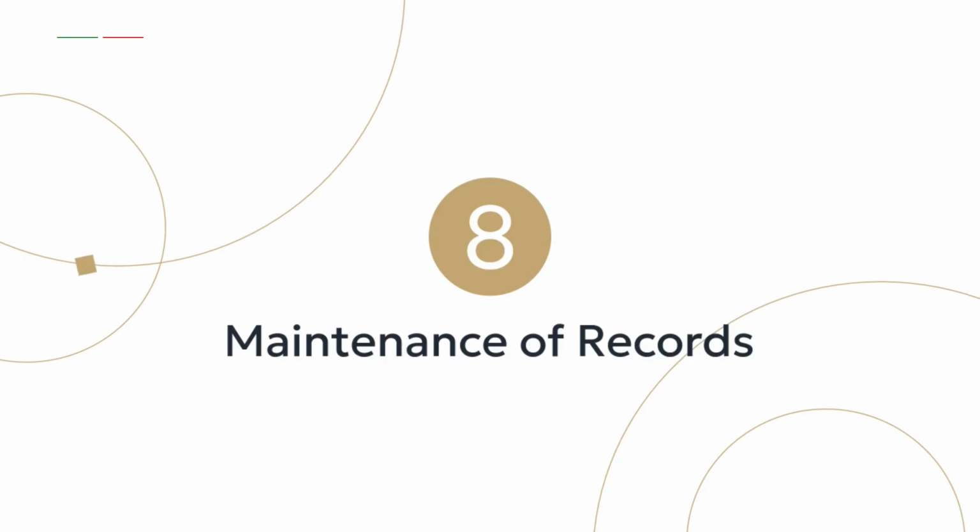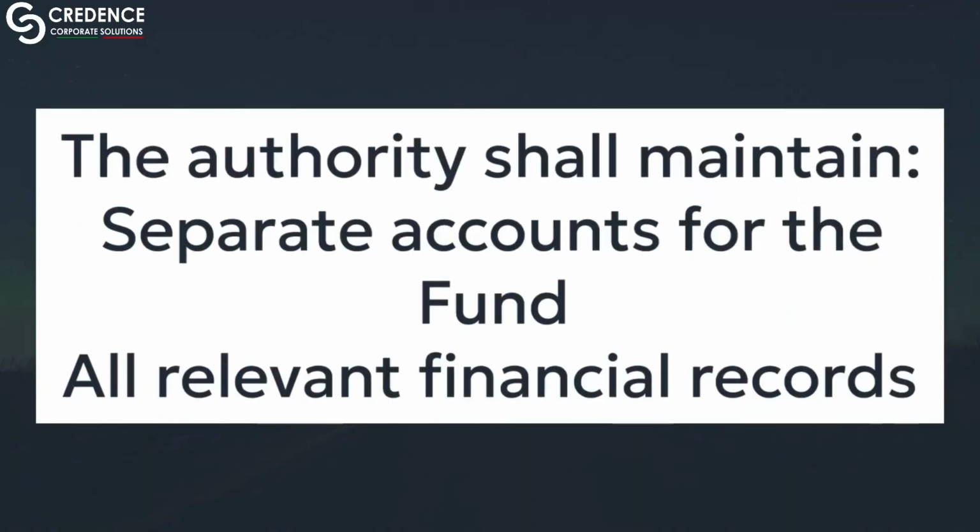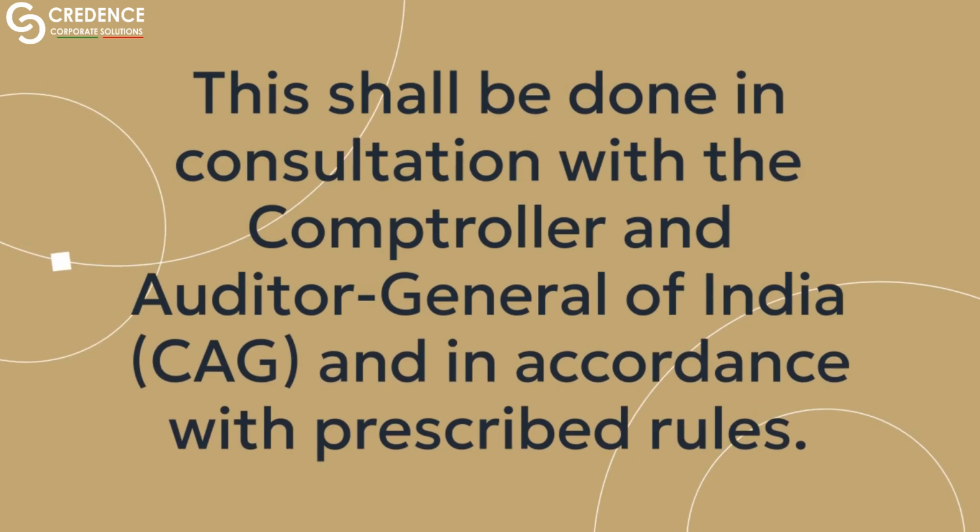Maintenance of records. The authority shall maintain separate accounts for the fund and all relevant financial records. This shall be done in consultation with the Comptroller and Auditor General of India, CAG, and in accordance with prescribed rules.